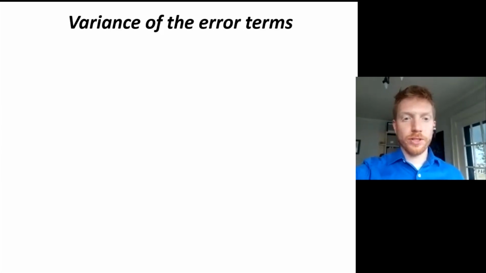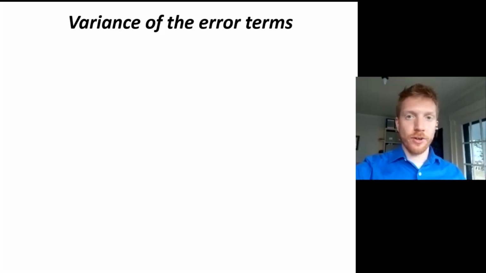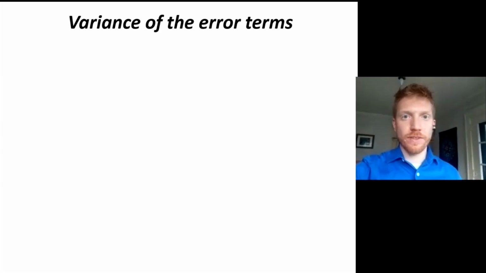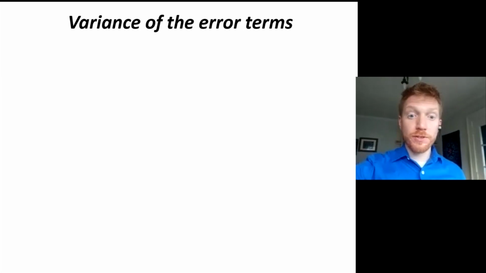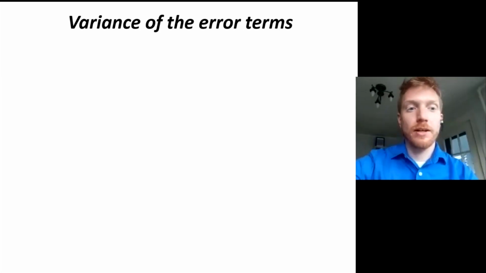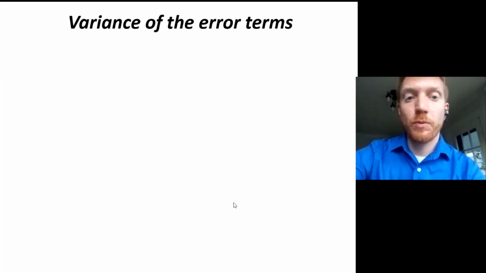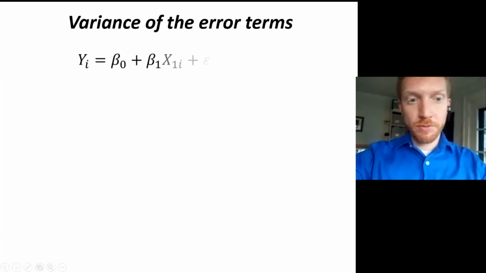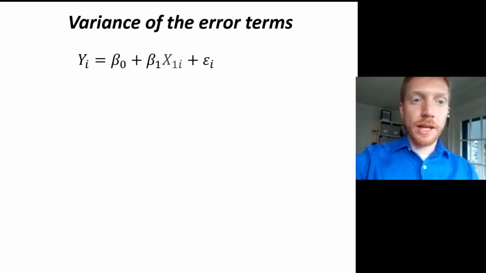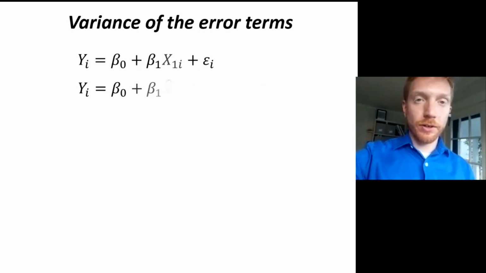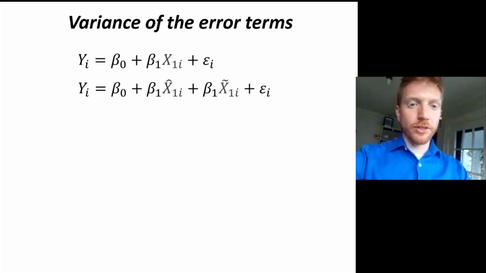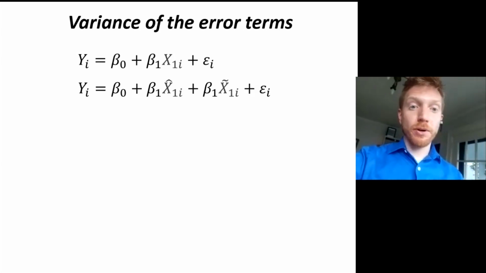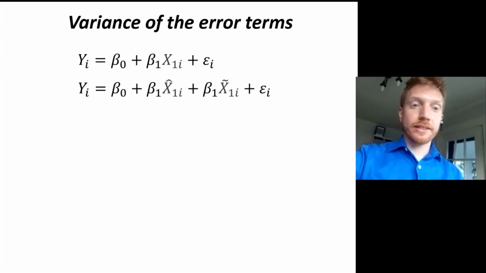So now we're going to look at the variance of the error terms in two-stage least squares versus the variance of the error term in OLS. But first, let's talk about how this error term works and how it's broken down. Just to remind you here, we have our equation, and what we're doing with our two-stage least squares is essentially through our instrument, we are breaking X into two components, X hat and X tilde here.